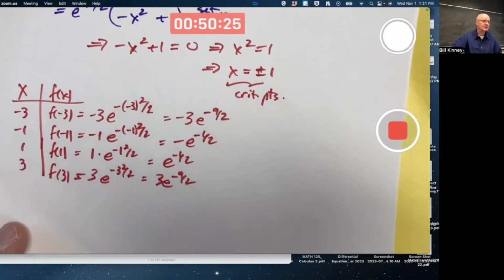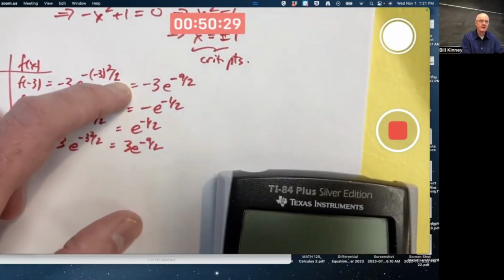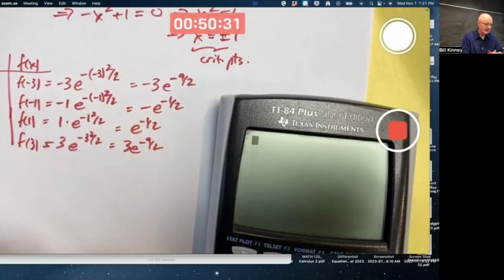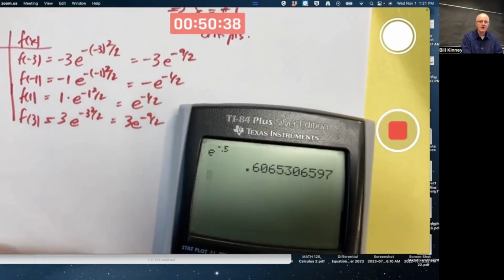It probably would be best to approximate these two numbers with my calculator and then negate them for these two numbers. E to the -1/2 is about 0.607.